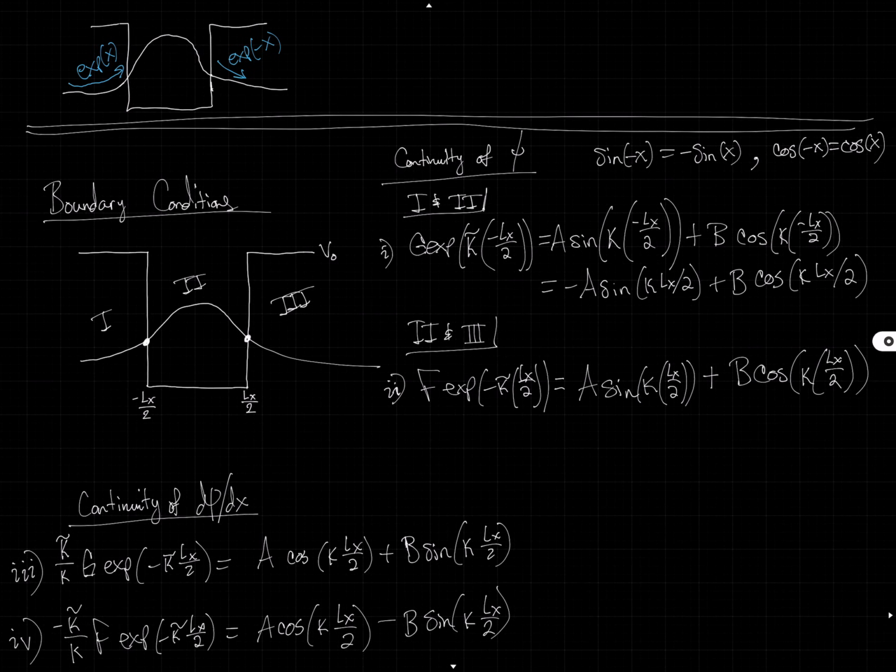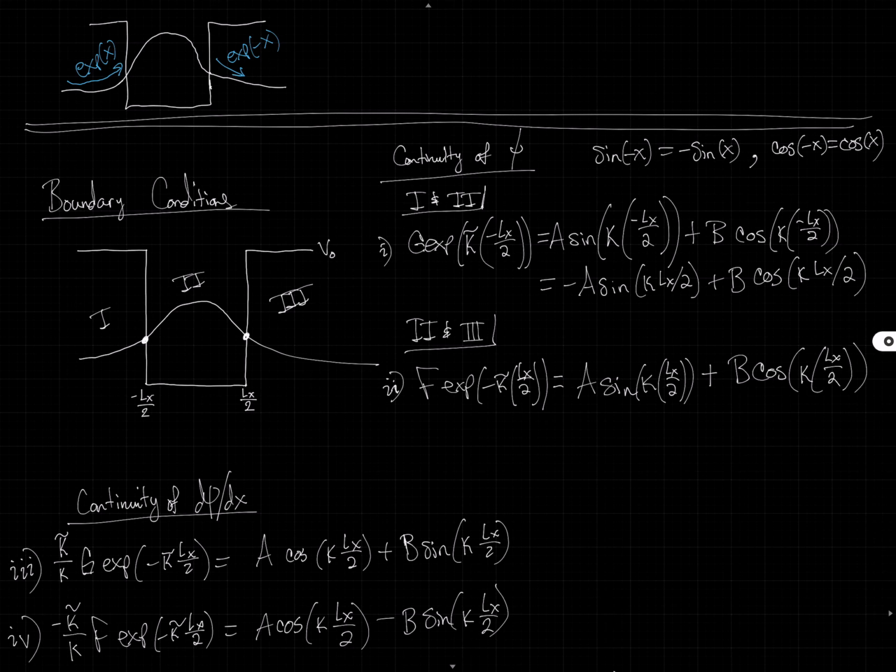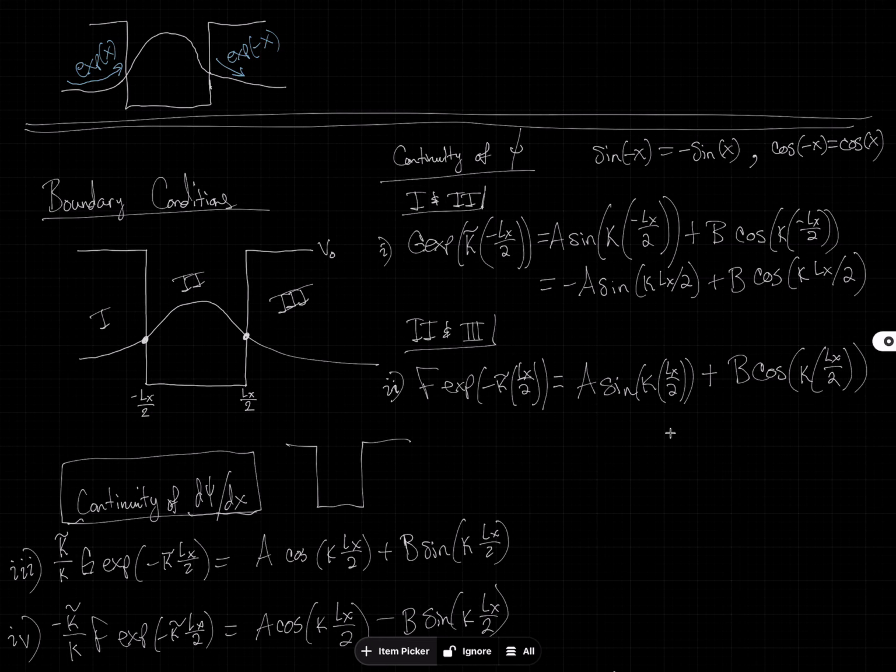Now we have another constraint, another boundary condition. In this case, it's for our derivative, d psi dx. This is important because otherwise, if we only had the previous boundary condition, you can devise particular solutions where you'd have some sort of kink, discontinuities in derivatives manifest as kinks in the integral of those functions.